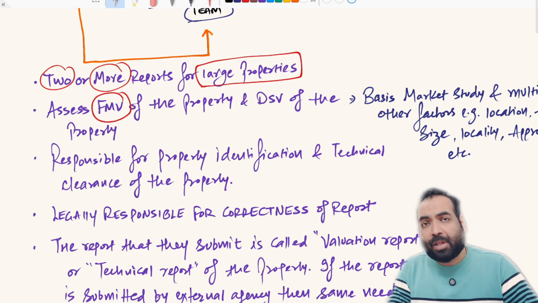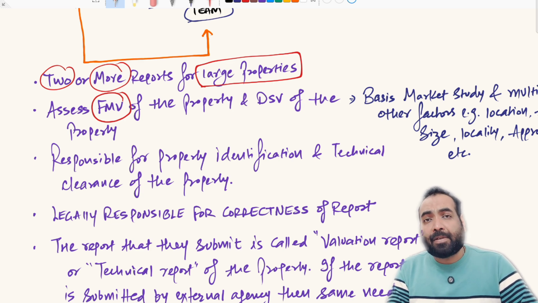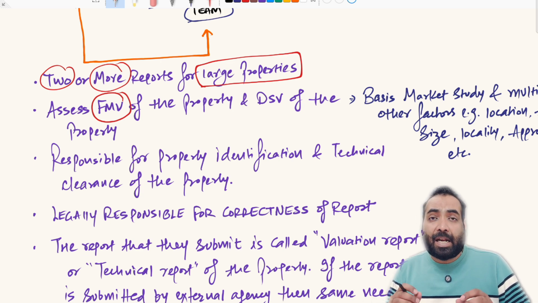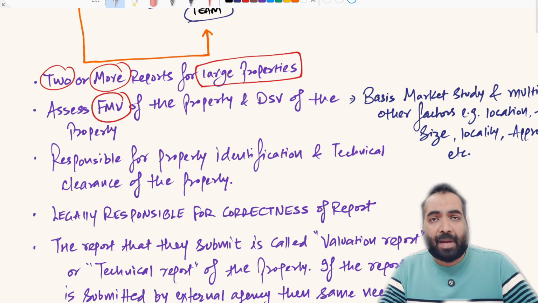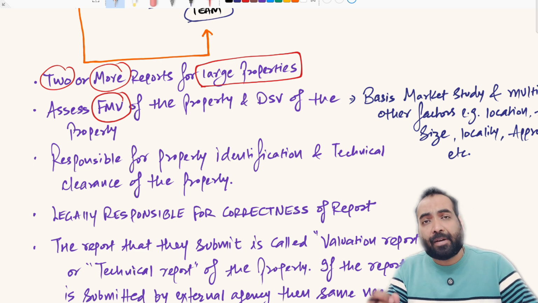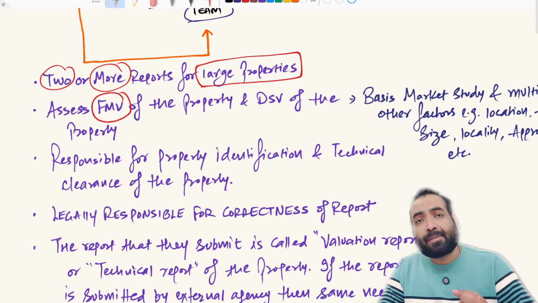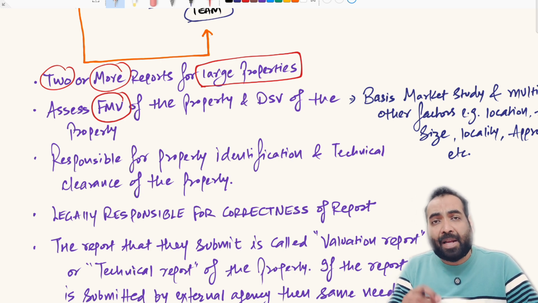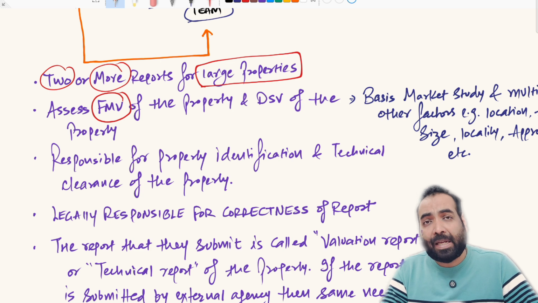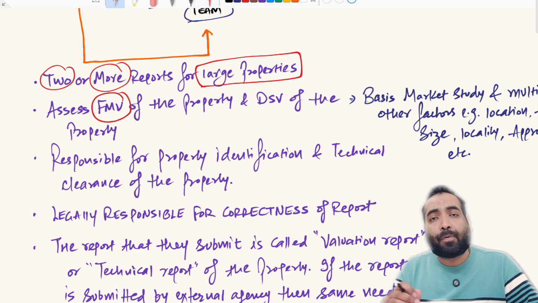Since they are working for the bank, they are primarily concerned with what happens if the loan gets defaulted, if the borrower does not repay the loan on time, and the bank goes into the market to sell the property to recover its loan: how much is this property expected to fetch for the bank, right? That is the fair market value from their part. And that is why, practically speaking, when the bank goes into the market to sell the property, it does not recover the full market value.